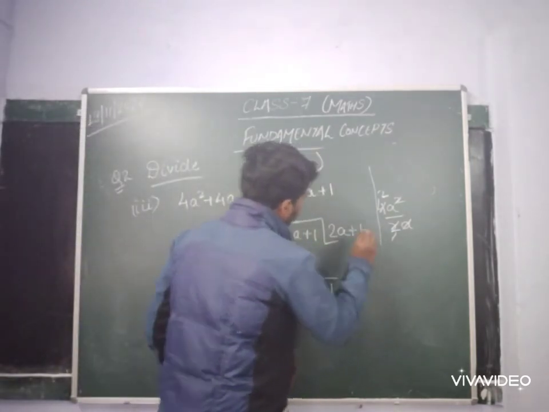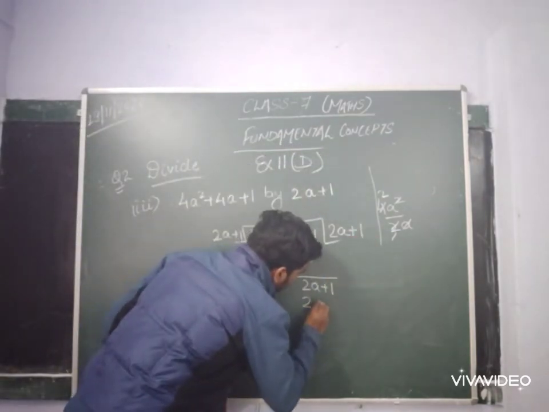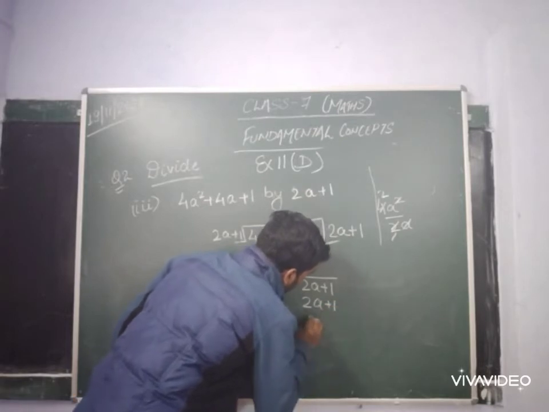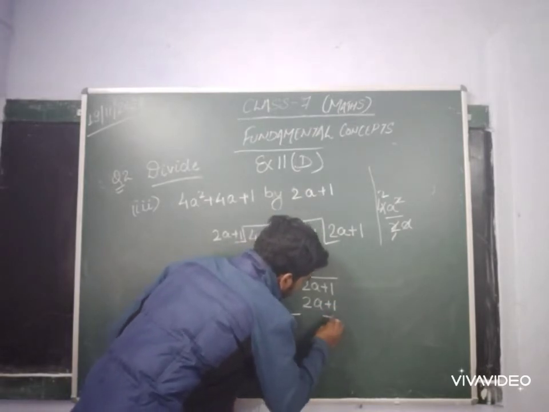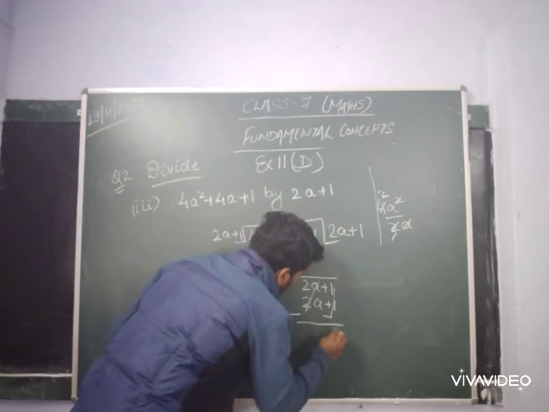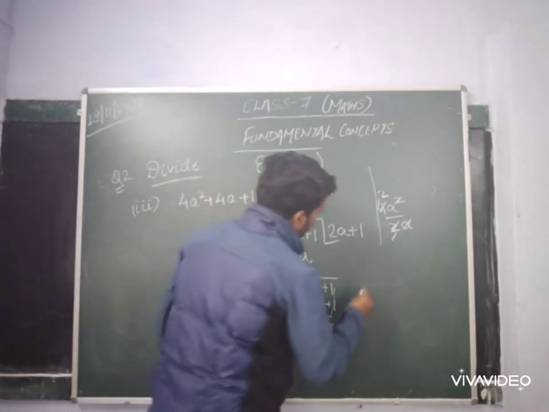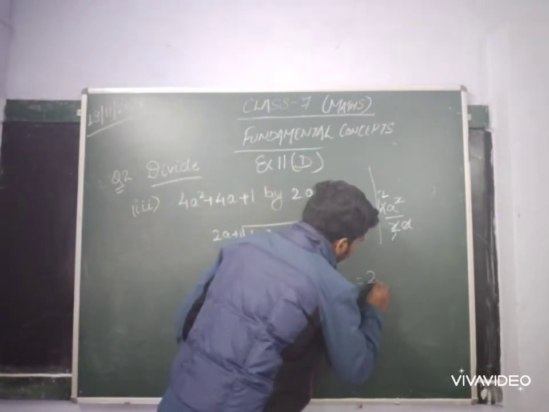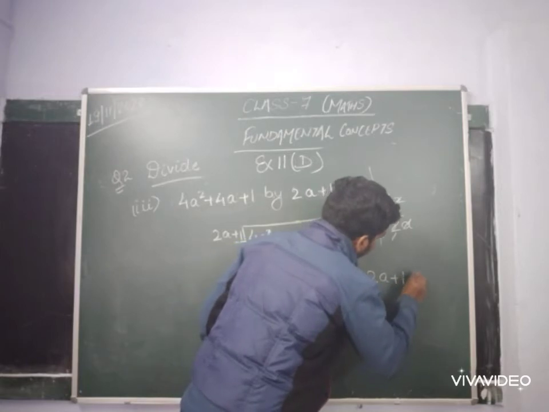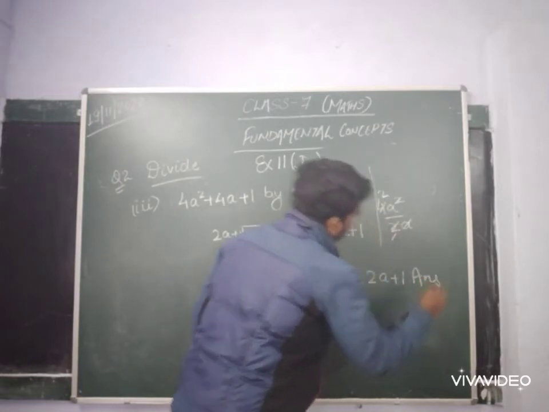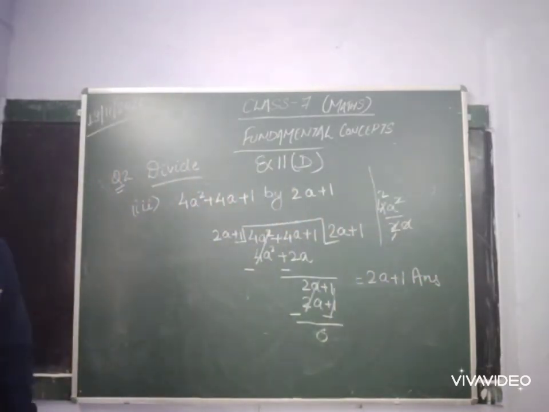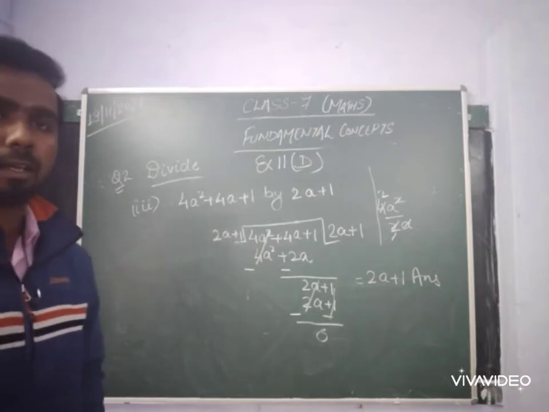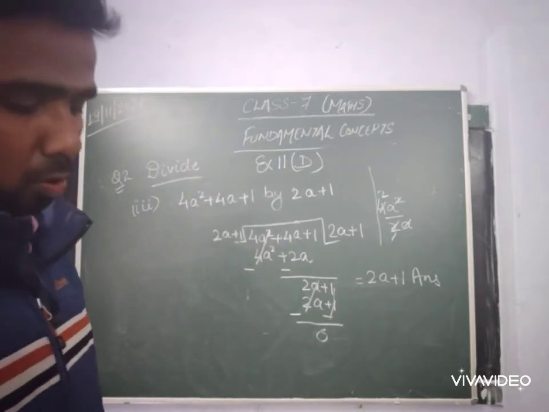So plus 1, and we will get 2a plus 1. Then when we subtract this, our remainder will be 0, and your answer is 2a plus 1. Clear? Take a look. Then we are moving on to the next part.